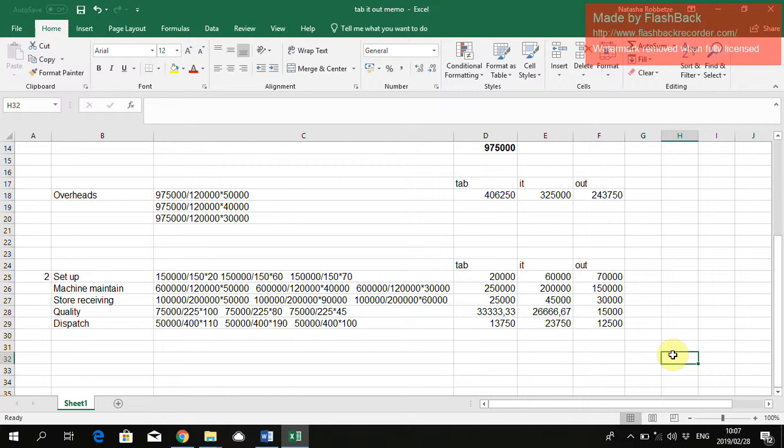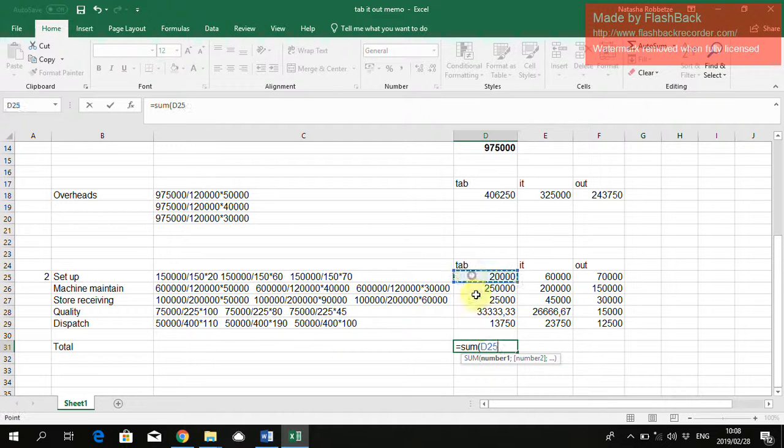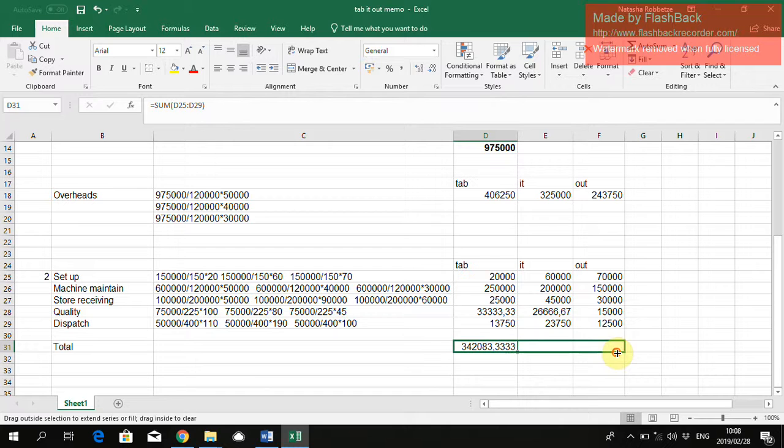And then we have now done our ABC costing, and I need to get to a total. So if I add all of these up for each product, I'm going to get to total overheads. And please again remember to mind the rounding.